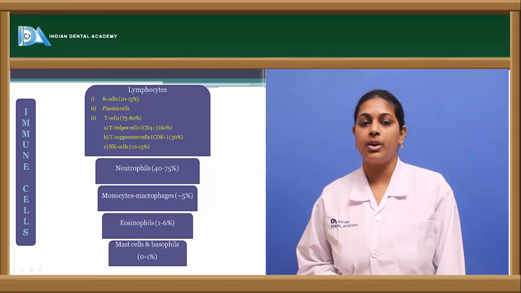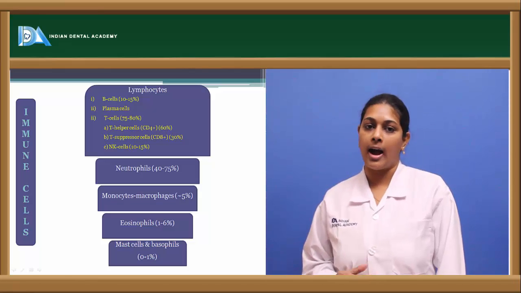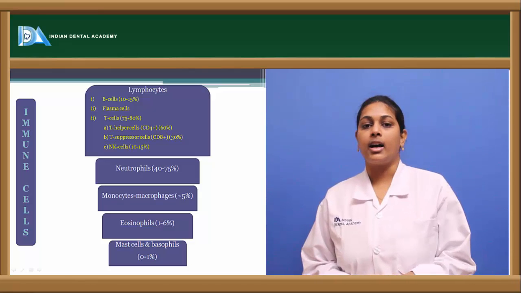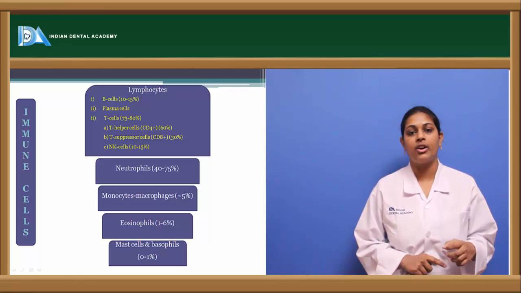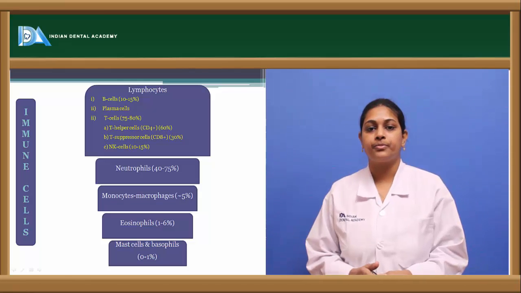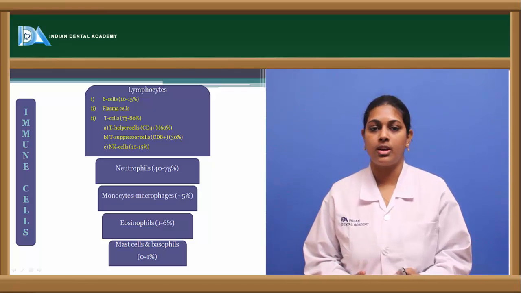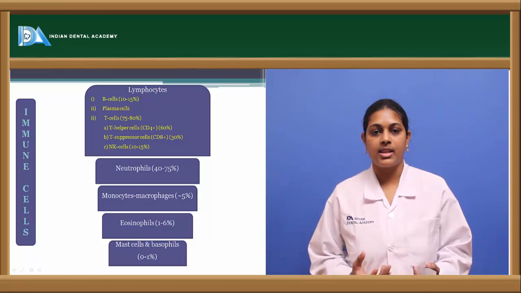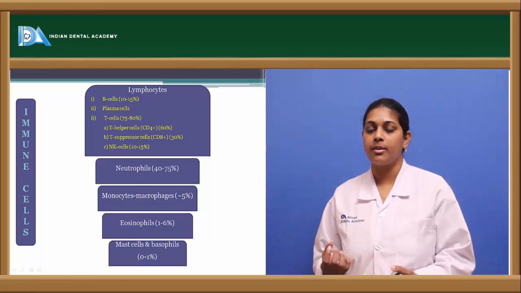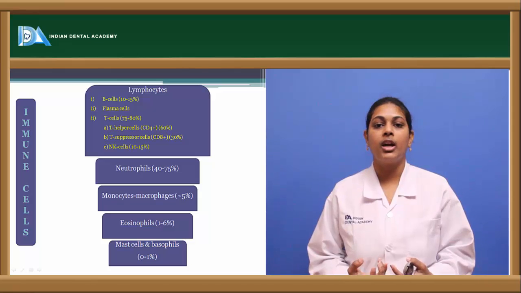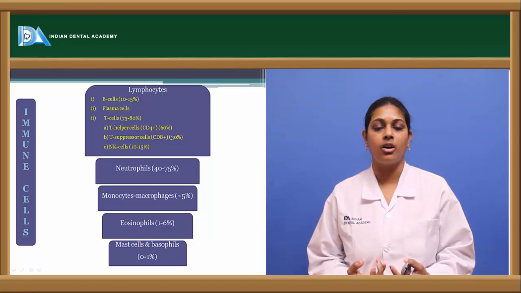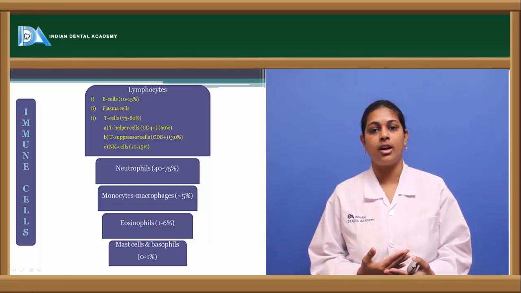Coming to the function of the mast cells and the basophils, they have a surface receptor, otherwise known as surface immunoglobulin. It contains immunoglobulin E, which mainly functions as a receptor. When tissue is exposed to an antigen, the antigen binds to this immunoglobulin E receptor, and the function of a receptor is to progress the intracellular mechanism.